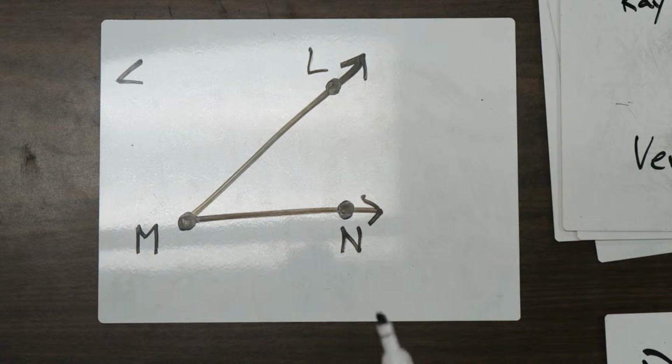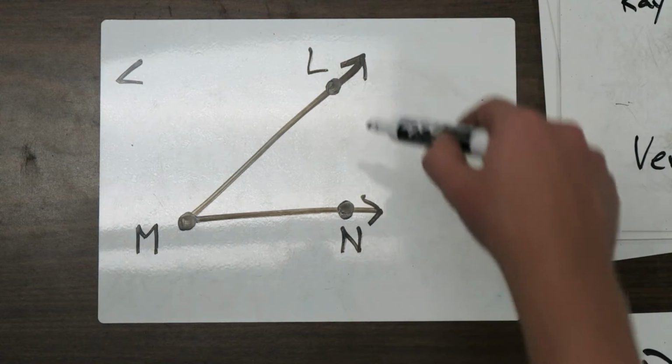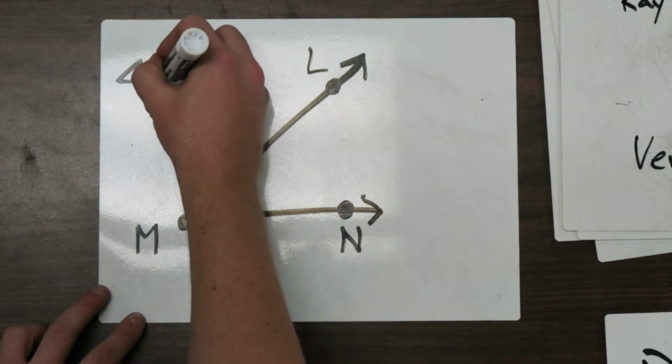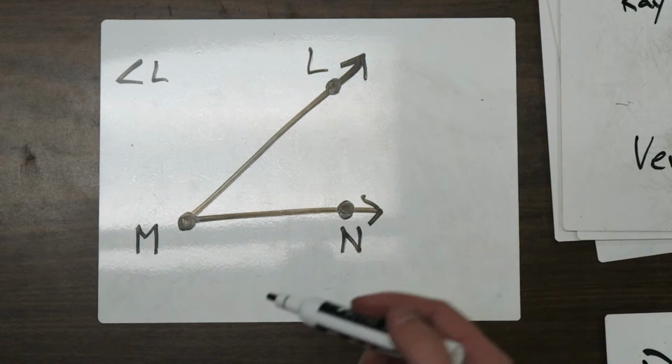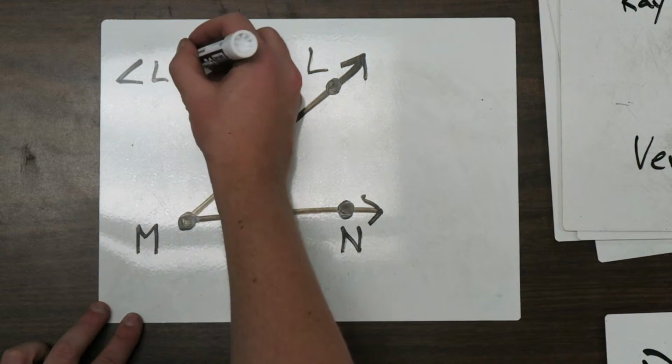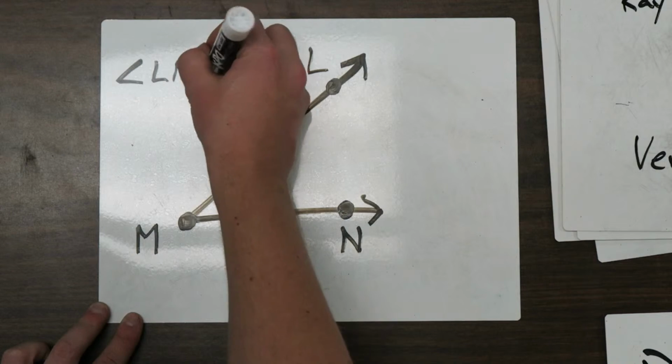However, there's a specific order we have to go in. We can start with either the L or the N in our label. So I'm going to start with L. Then the next letter has to be M, and then I finish off with N.